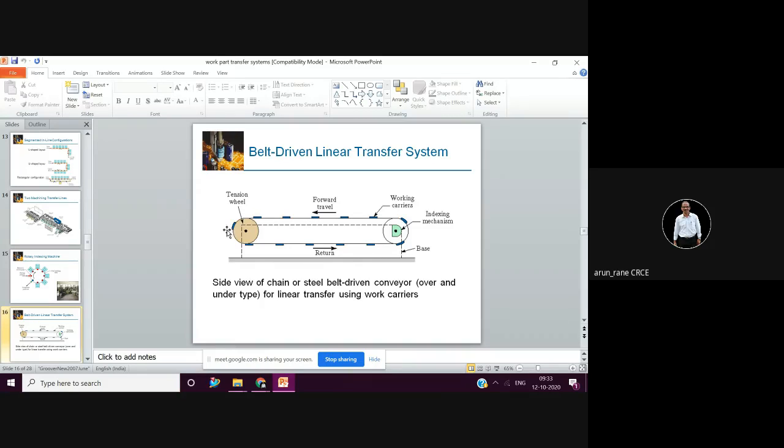It is seen that maintenance is very religiously followed in these mass production lines, because if something goes wrong because of the maintenance, then production suffers, and it takes time to repair.